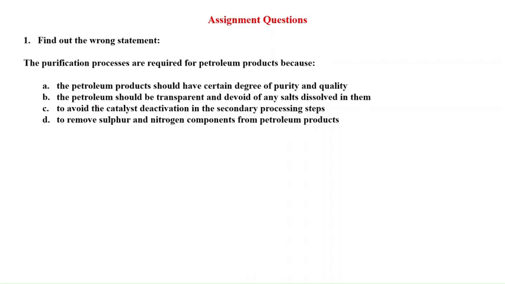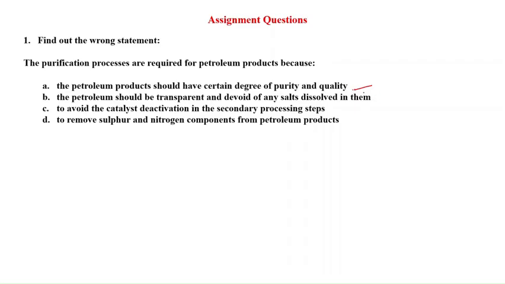Coming on to the assignment questions. Find out the wrong statement. The purification processes are required for petroleum products because the petroleum product should have a certain degree of purity and quality. This is the correct statement. The petroleum should be transparent and devoid of any salts dissolved in them.